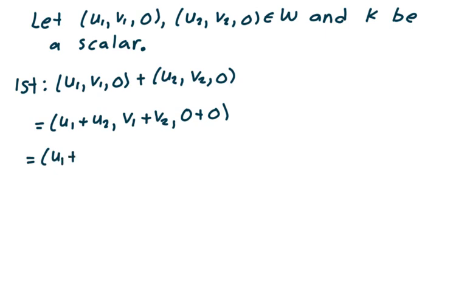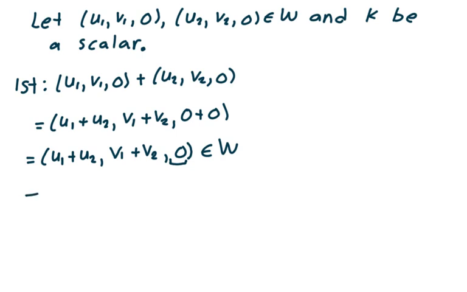Well, this is equal to the vector (u1 plus u2, v1 plus v2, 0 plus 0), which is equal to the vector (u1 plus u2, v1 plus v2, 0). And that belongs to W because notice how the third component is 0 and that vector is in R3, right?